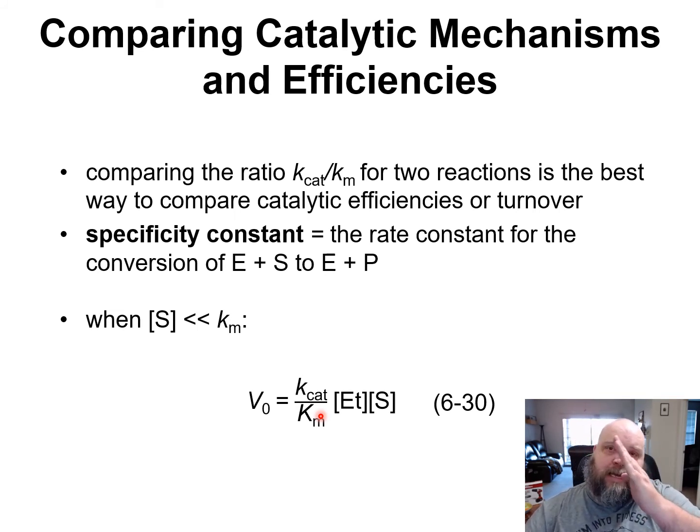Our slope of that line is going to be much, much steeper. But when we're looking at V naught, and if Kcat, our turnover rate, is very low, and Km is much higher, our V naught, that initial linear line, is going to have a much, much shallower slope.